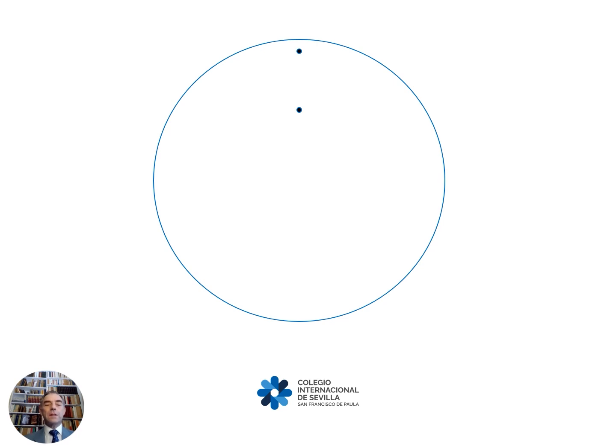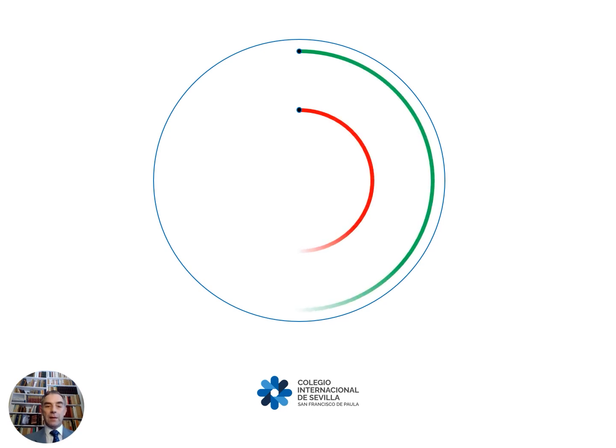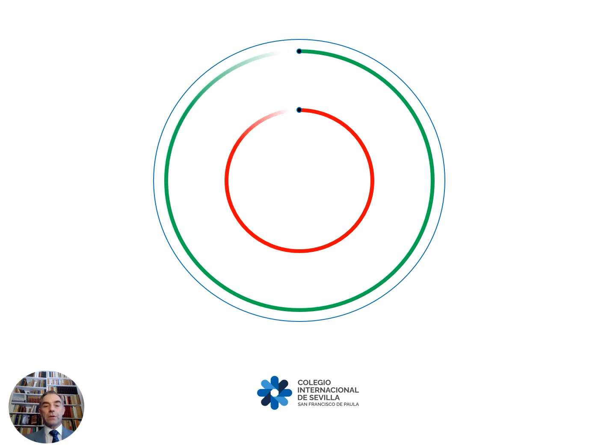Let's now see the trajectory drawn in both cases at the same time. We see that as they sweep the same angle, the outer child, green trajectory, covers a longer distance than the inner child with the red trajectory.